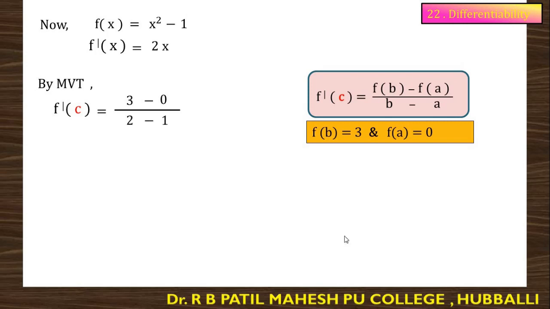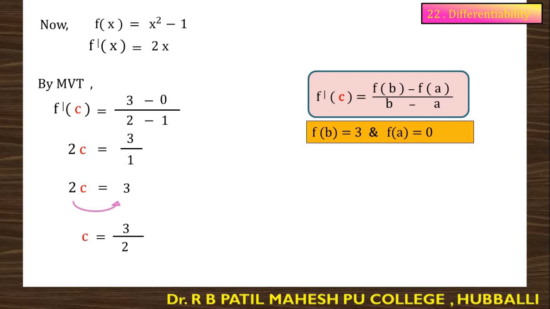On the left side, substitute for f dash of c: f dash of x with x replaced by c. So you will get 2c equal to 3 minus 0, which is 3, divided by 2 minus 1, which is 1. So 2c is equal to 3 upon 1, that is 3. Transfer to the right side, you will get c equal to 3 by 2.